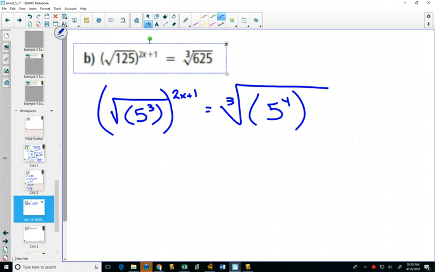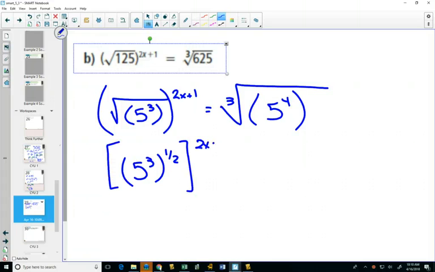And now I'm going to deal with what I can do with that square root. Well, square root is to the power of a half. And I still have to the 2x plus 1. And on the right-hand side, I'm just going to write 5 to the 4/3.